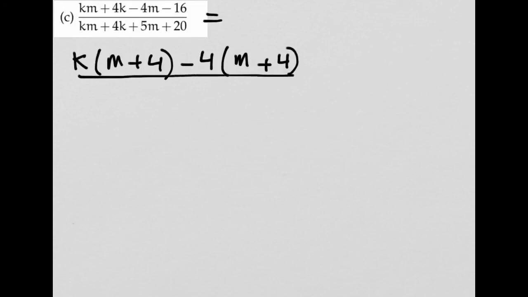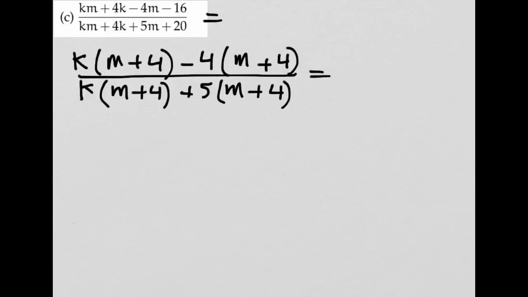I'm going to do something similar in the denominator. Km plus 4k, we factor out a k, we're left with m plus 4. And the last two terms of the denominator, 5m plus 20, if we factor out a 5, that leaves us with m plus 4 as well. Now looking at the new numerator, we have an m plus 4 in common.